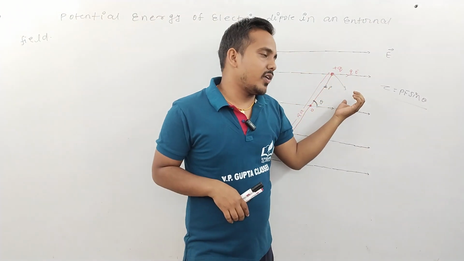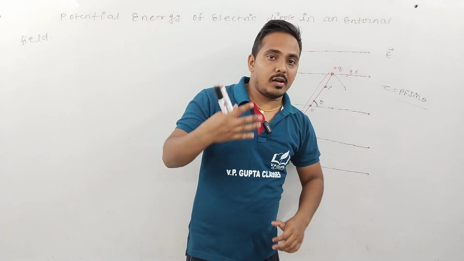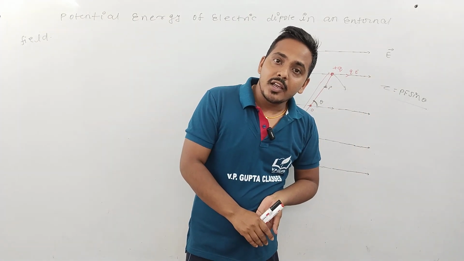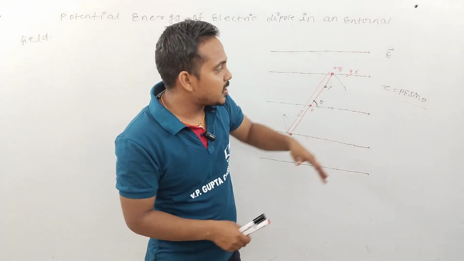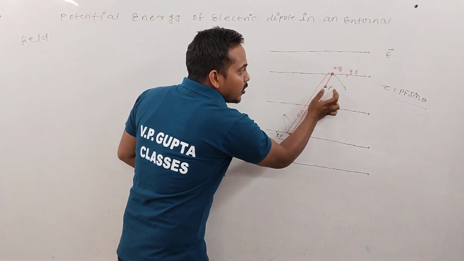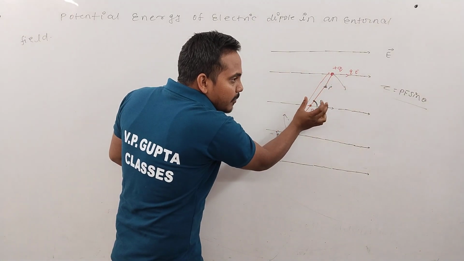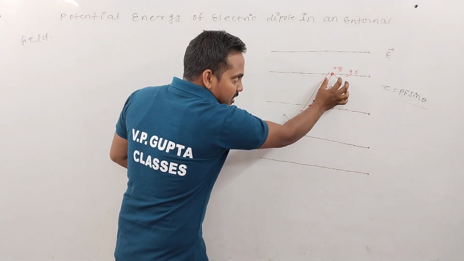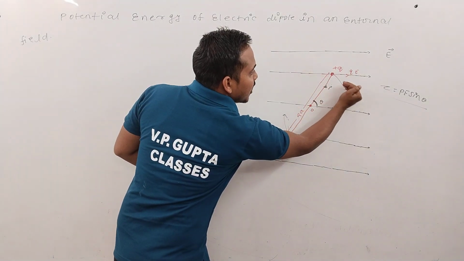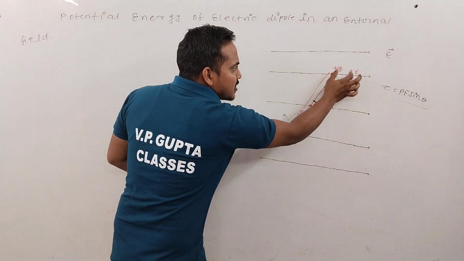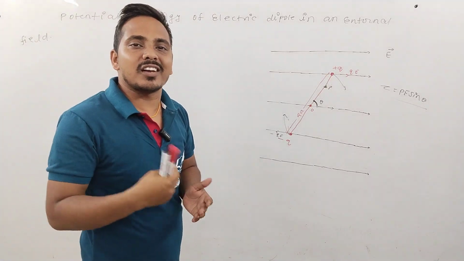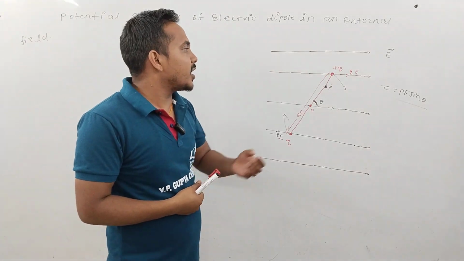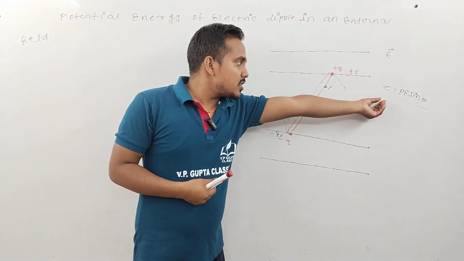This external torque is equal to this torque, since it neutralizes the rotating effect. So tau ext, the external torque, is equal to this torque.